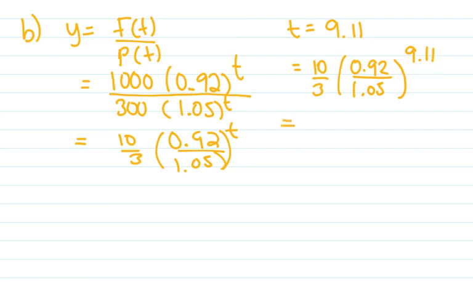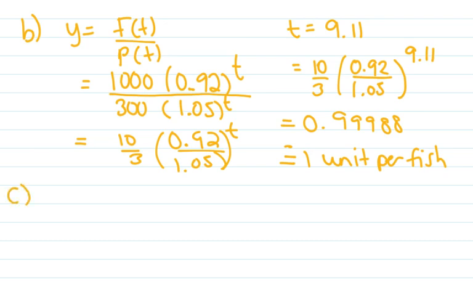Plug that into your calculator and you get 0.99988, which rounds to approximately 1 unit of food per fish. So this question also says, explain the meaning of these coordinates. So that means that at year 9.11, there will be 1 unit of food per fish left in the pond.